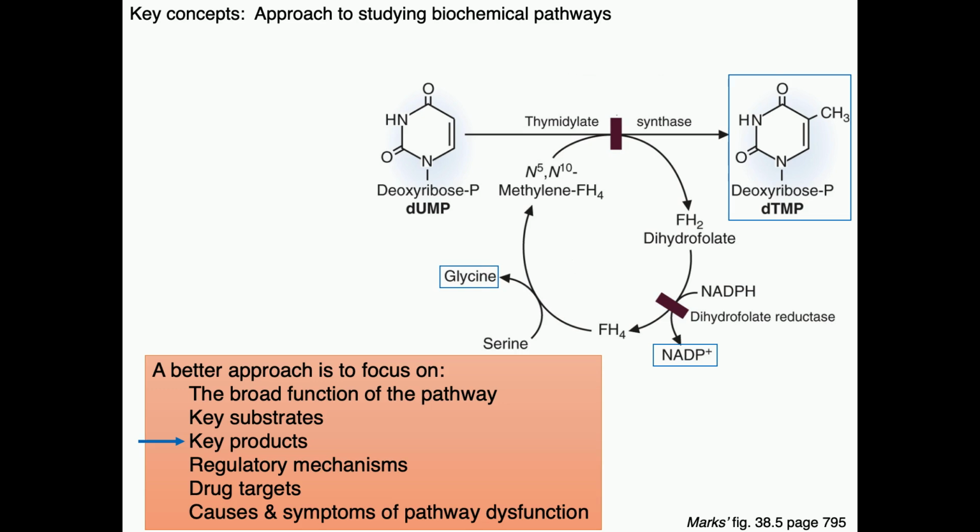The key products here are, of course, the deoxythymidine monophosphate, which is then available for phosphorylation to the triphosphate form and available for DNA synthesis. We also have the oxidized form of the redox cofactor, NADP+. So these substrates and products will always go together, so that'll be pretty easy to remember. And then glycine: you take one carbon away from serine and you get glycine. Okay.